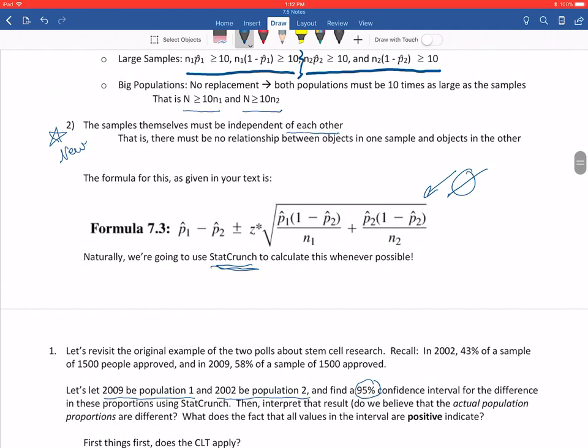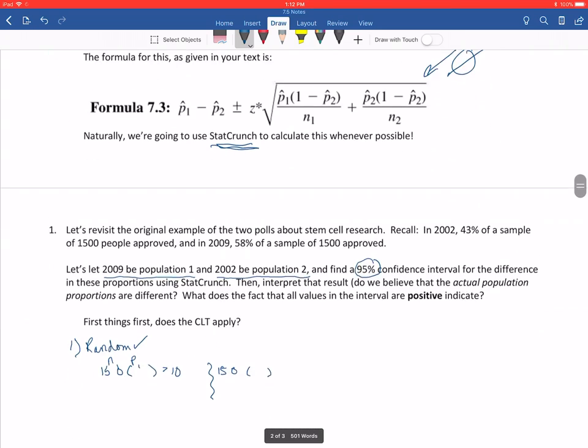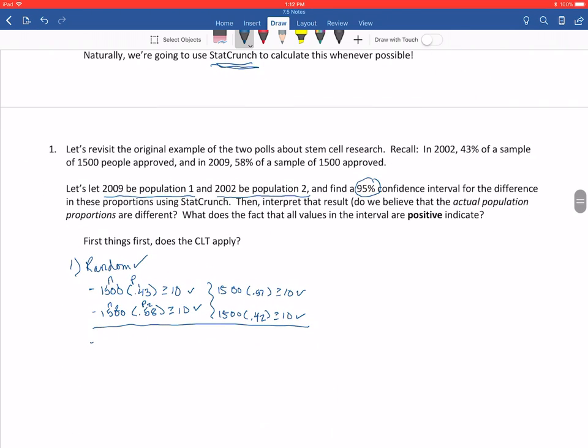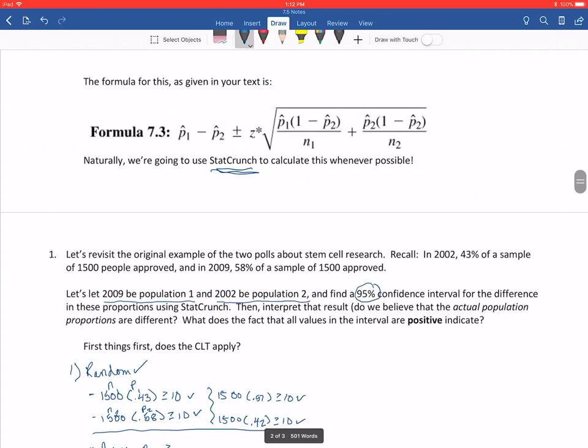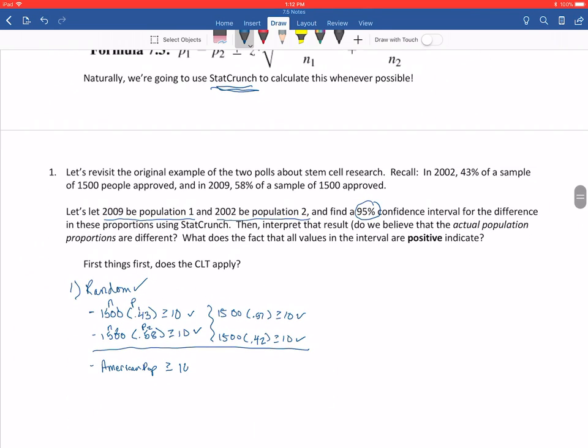The population, the big N for each one of these, they were surveying Americans. So is the American population bigger than 10 times 1,500?